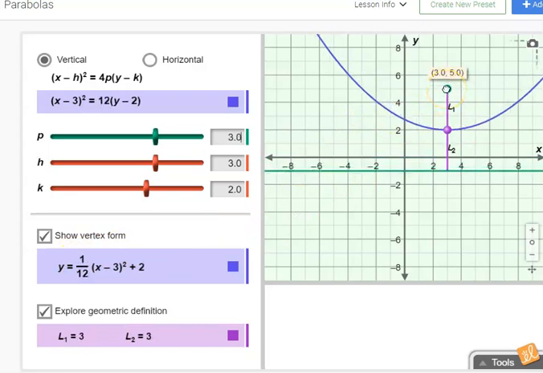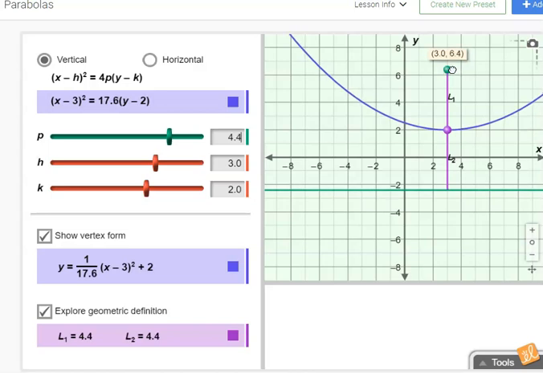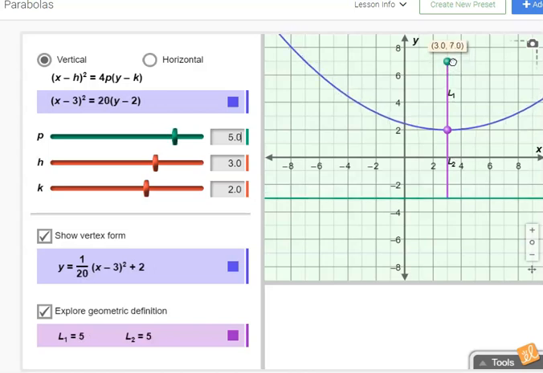If I make the focus and vertex 3 units apart, we now have a 1/12. Okay? I think you can see what's going on here. Make a prediction for what would happen if I extend this to 5 units from the focus to the vertex.